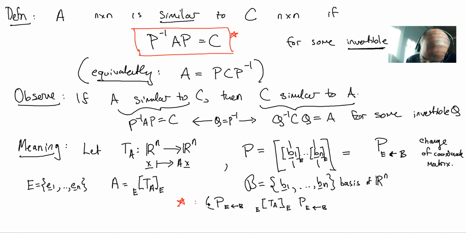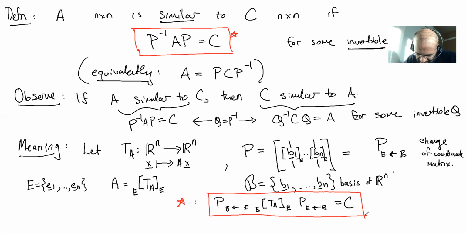So this is just going to become E to B. And so the equation says that this equals C, right? That's the same equation, just interpreted in this way.